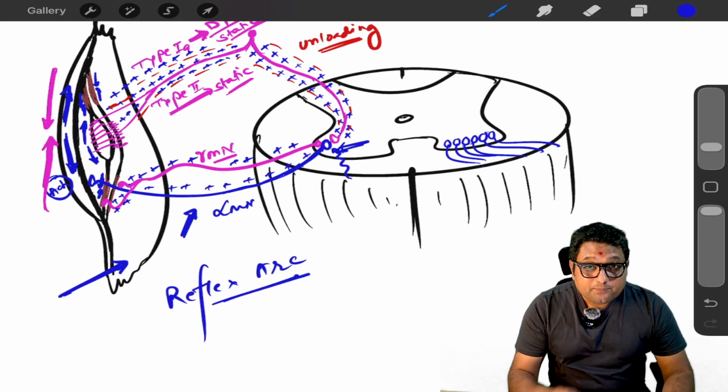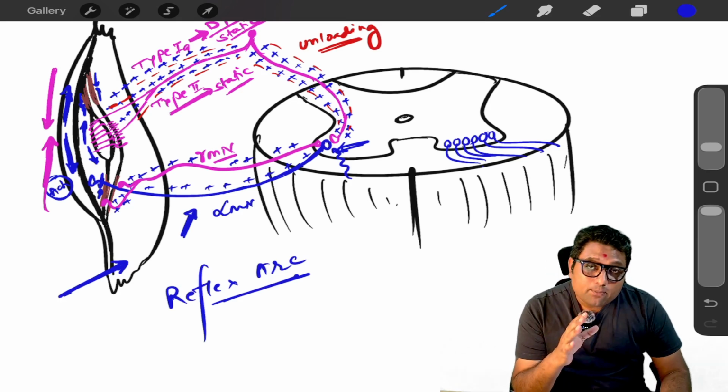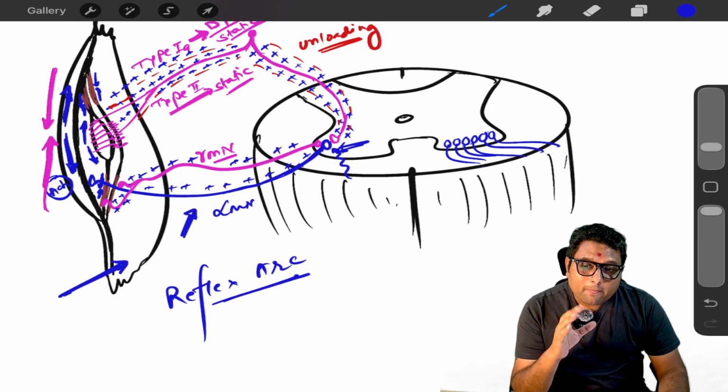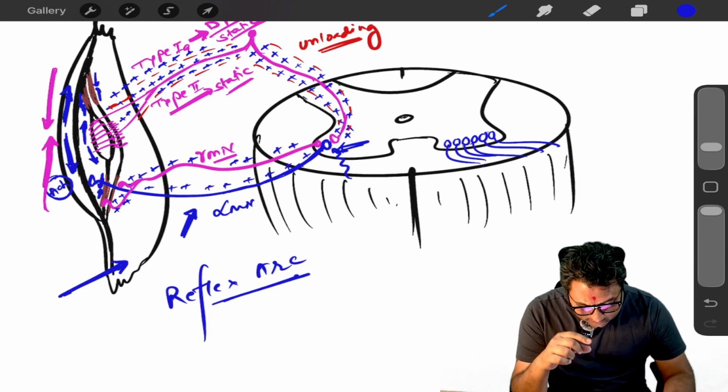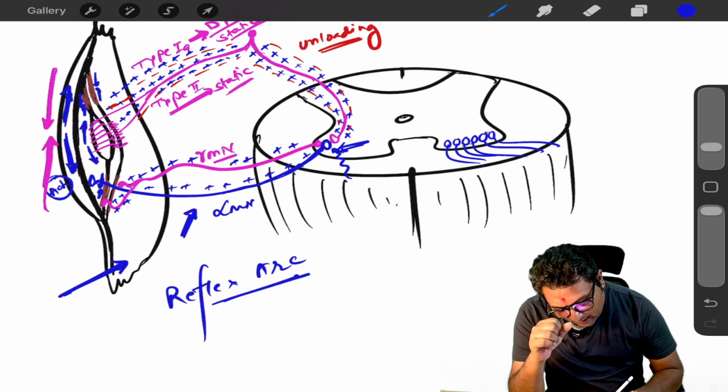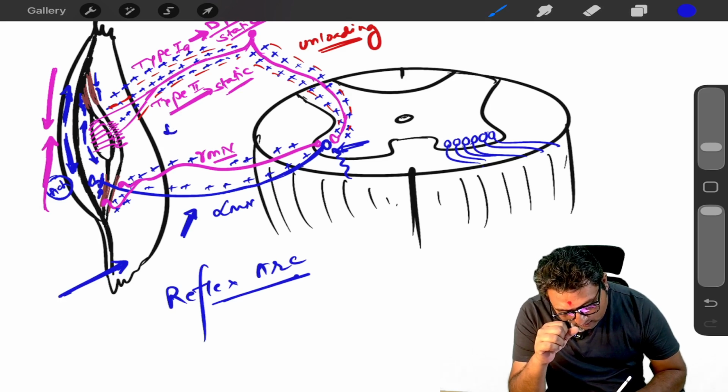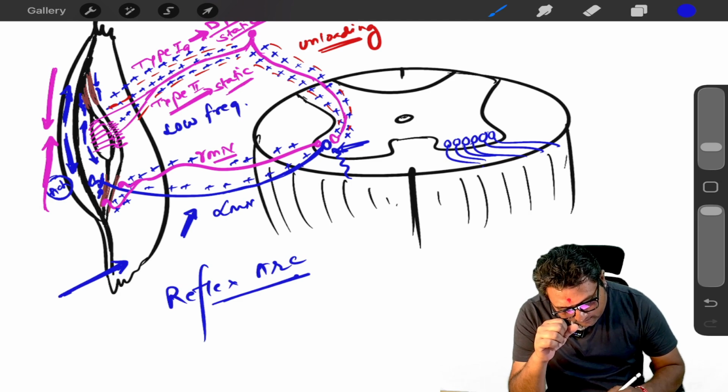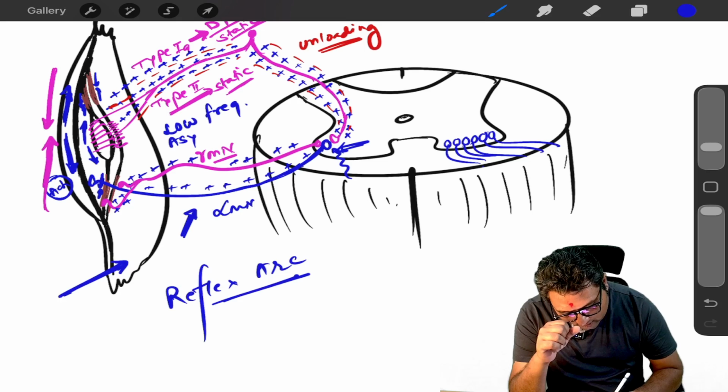So even at static posture, or low frequency, this gamma motor neuron has low frequency asynchronous discharge.